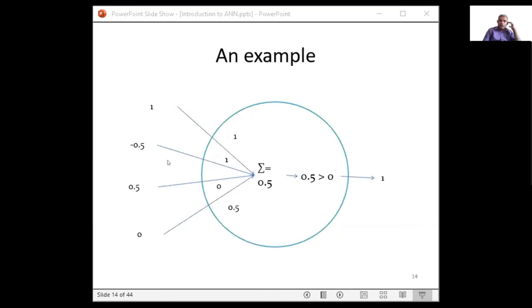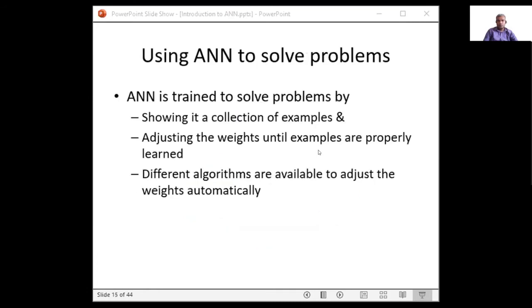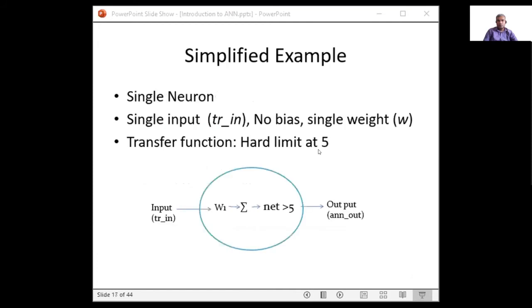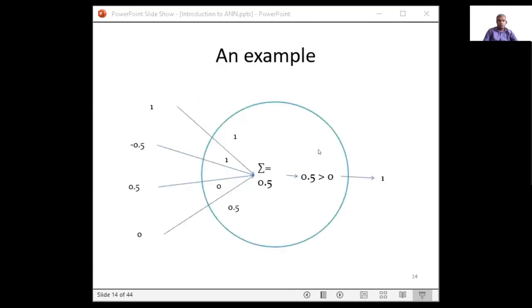Okay. Did you get the idea how this neuron works or how the calculation is done? The training and everything I will explain later. Did you get the idea how the calculation is done? For example, if I give you a set of inputs and weights and threshold, are you able to calculate the output? I hope you can do the calculation.